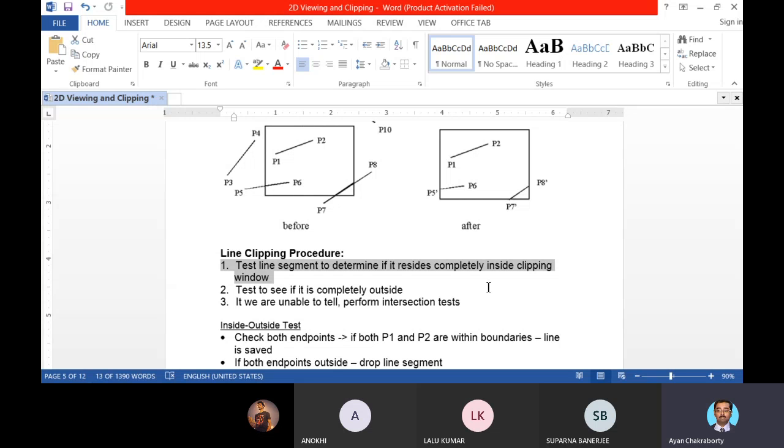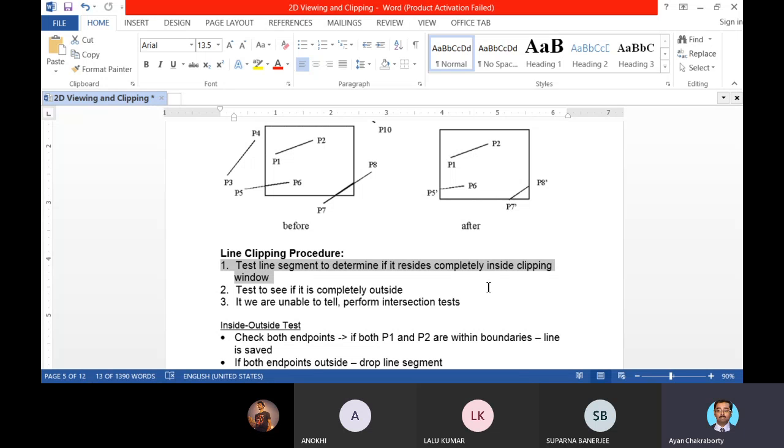Now we will check that if the coordinate values of both the endpoints of a particular line are completely within the rectangular clipping region, like P1 and P2, then the total straight line P1, P2 will be completely within the rectangular window frame.